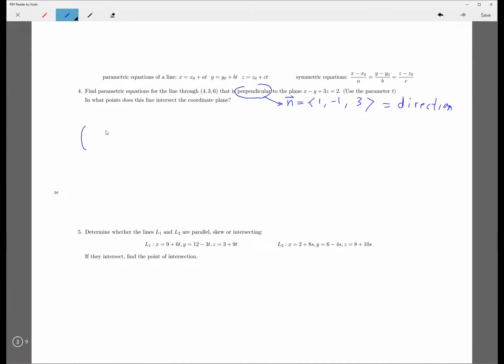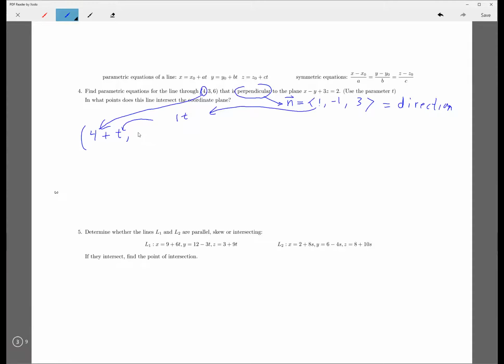What's in the X slot? Is it 4 plus T? Yes, 4 plus T. So this point here, 4. And then this is a 1, so it's just going to be 1T, which is just T. And then what's the second spot?